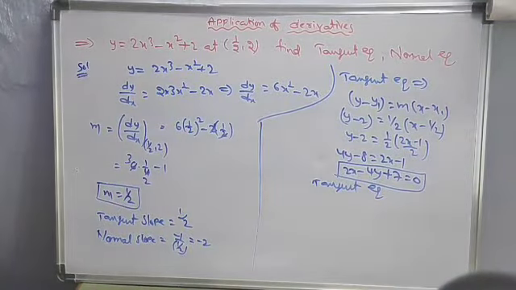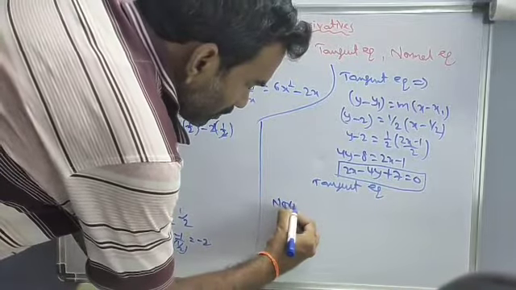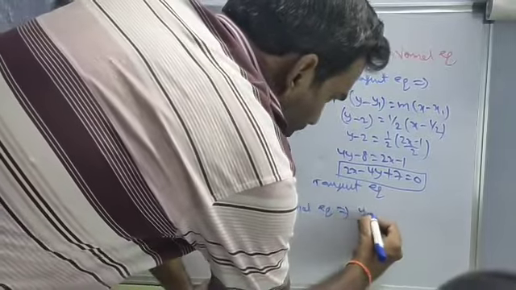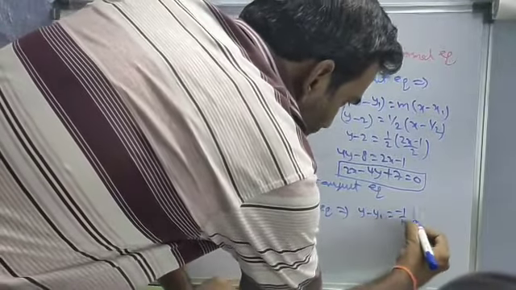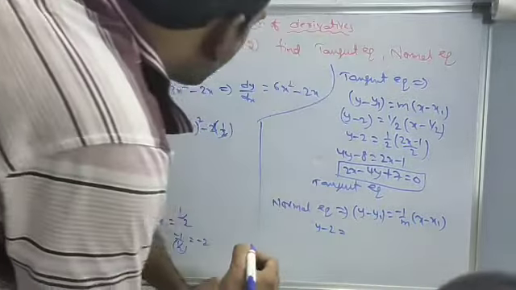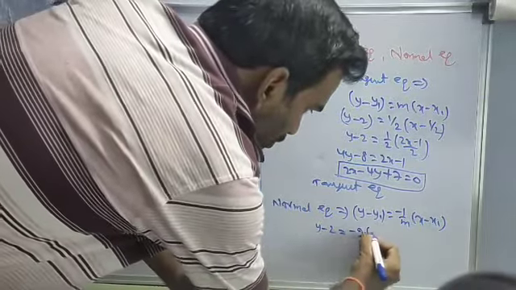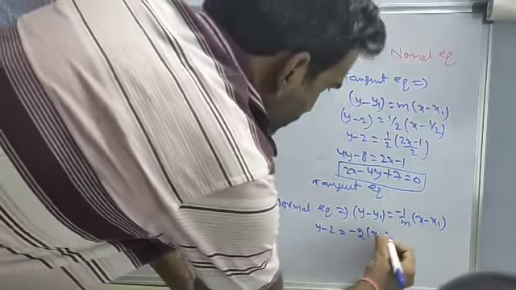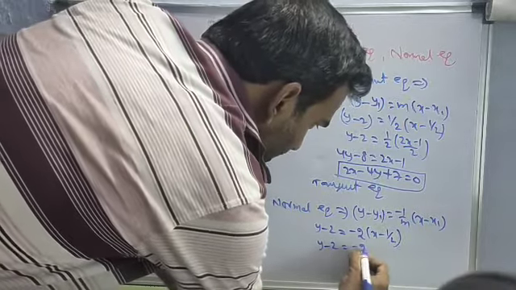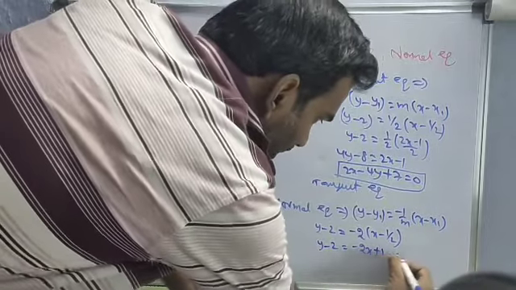Next, the normal equation is y minus y1 equals minus 1 by m into x minus x1. So y minus 2 equals minus 2 into (x minus 1/2). So y minus 2 equals minus 2x plus 1.